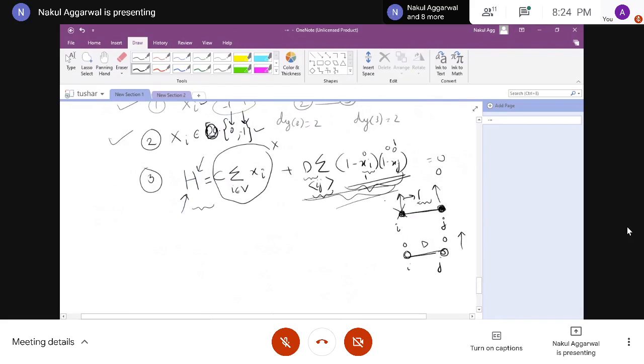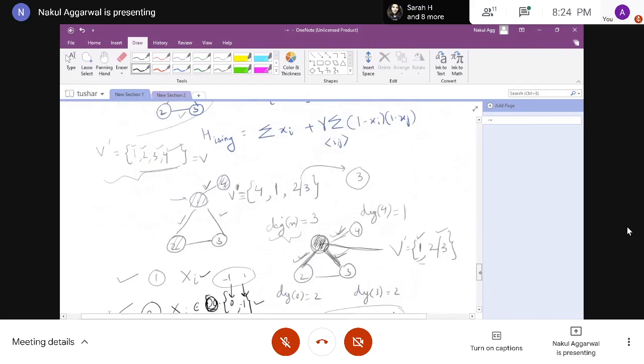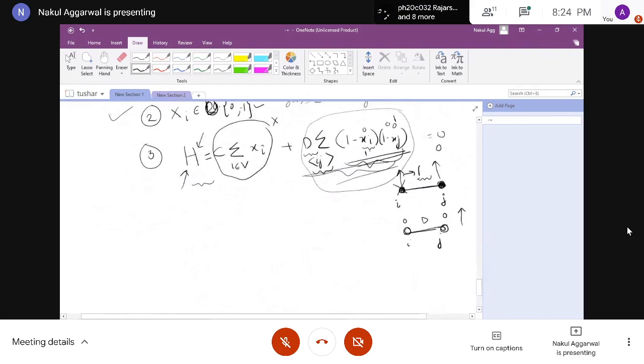But now one has to wonder, can just this be the total Hamiltonian for the entire problem statement, which includes both constraints? Actually, no. For this particular instance, as I discussed, without the second constraint, which is that we need a minimum size vertex cover, the naive solution would have been 1, 2, 3, 4, right?